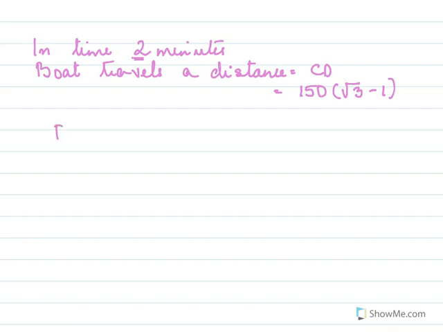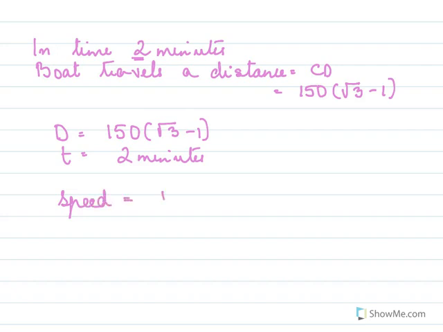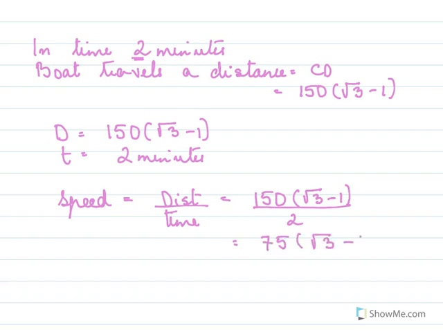The time is 2 minutes, it was given to us. It takes 2 minutes to travel that distance. So the speed equals distance over time. That is 150 (root 3 minus 1) over 2, which is 75 (root 3 minus 1).